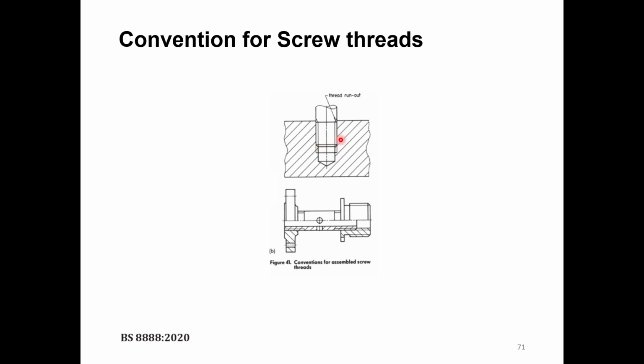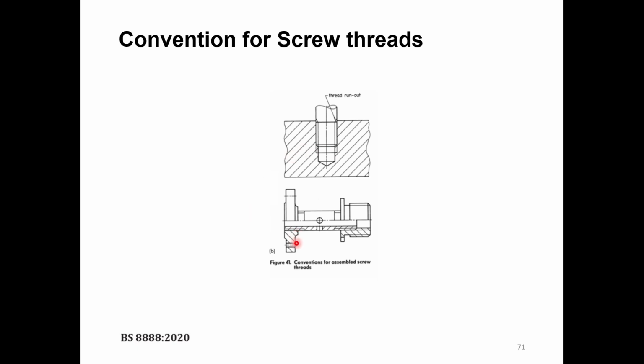For the external part of the thread here, we have a solid line, so the hatching always stops at those points. And for the internal thread, the solid line is the inside one, and the light line is at the outside.